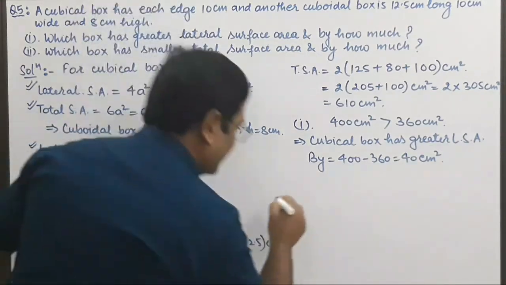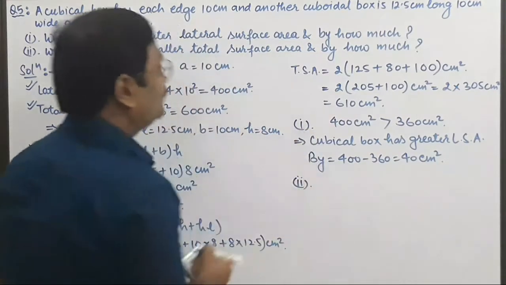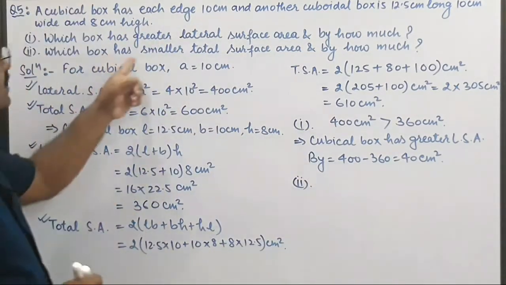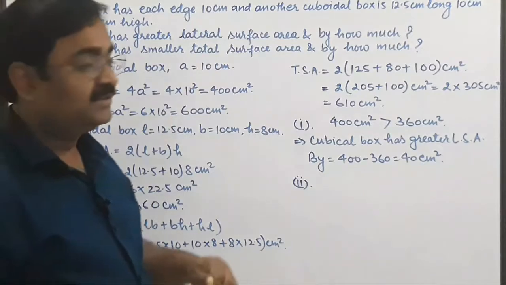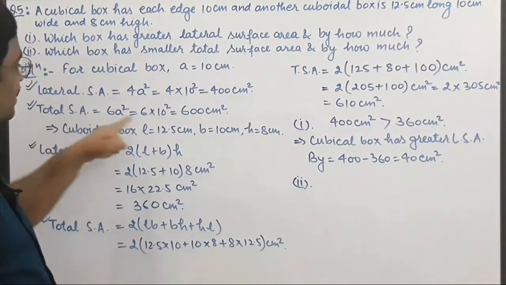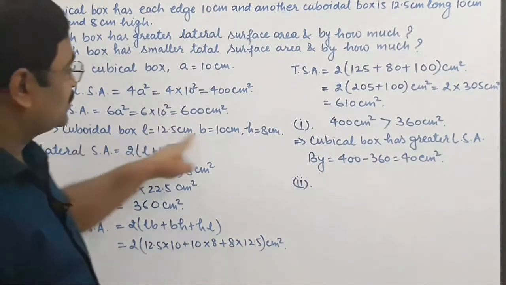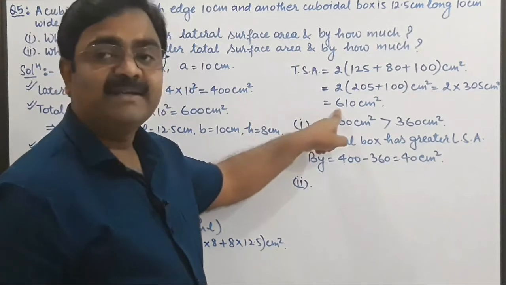So let's see the second one. Second question, what is asking? Which box has smaller total surface area? So for cubical box, total surface area is 600. And for cuboidal box, total surface area is 610.